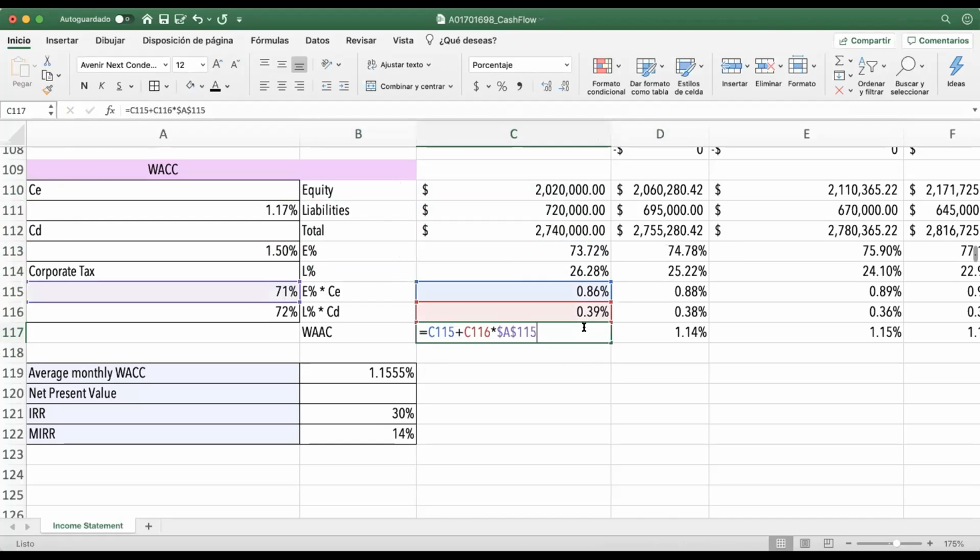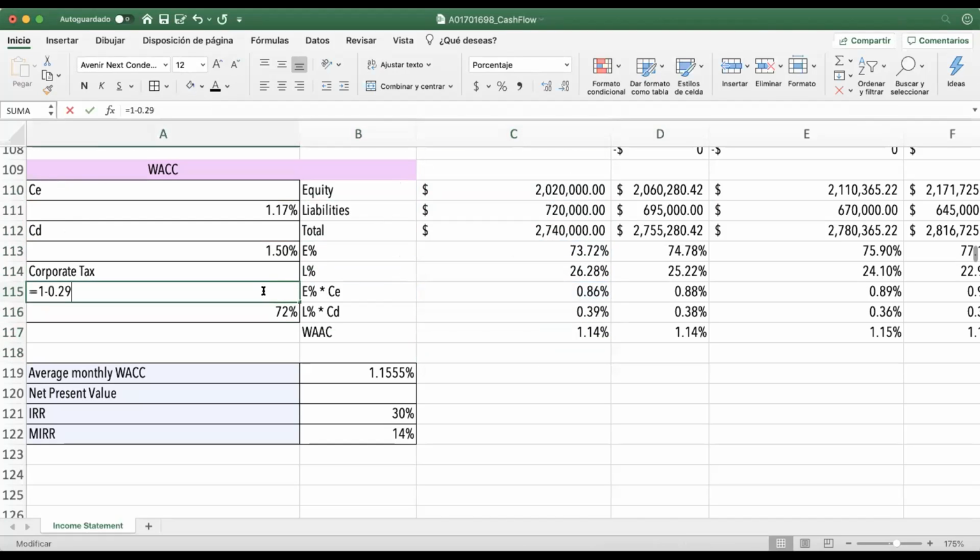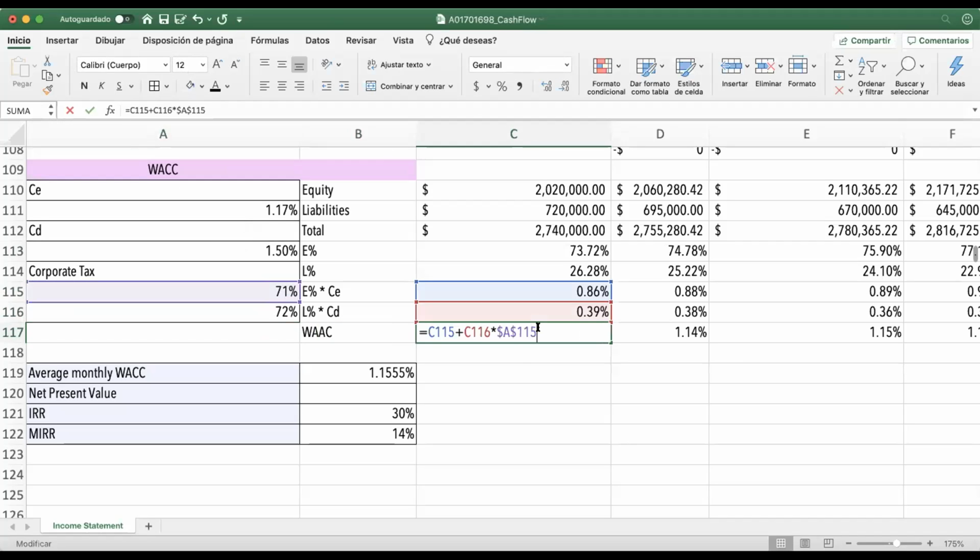Y ya para el tax, aquí lo que hice fue 1 menos 0.29, que es el tax rate para el 2006, y el tax rate para el 2007, que es 0.28. Okay. Y ya para el WACC lo que hice fue equity por CE, más liabilities por CD, por este tax. Y así es como saqué el WACC.